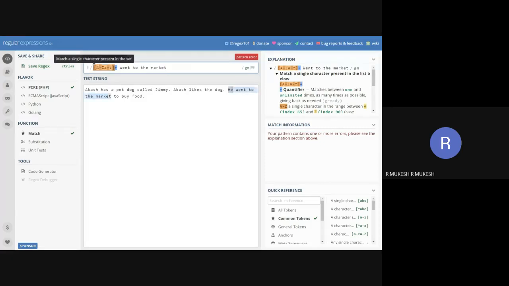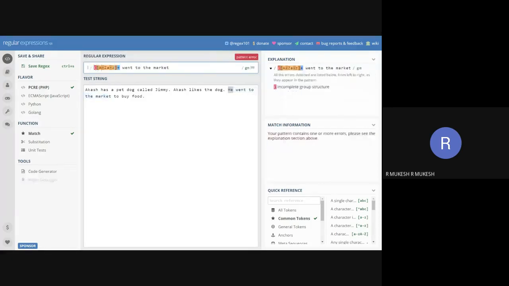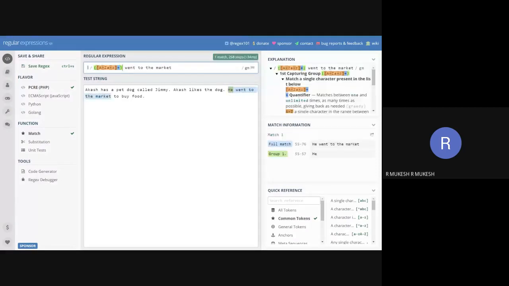So I use a regular expression to find out where this piece of information is occurring, right? He went to the market. A question answering system would throw out "he went to the market," but that's a very stupid answer to throw, right? Who is that he?